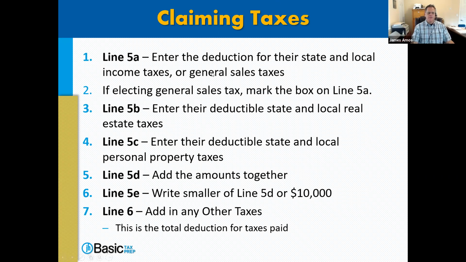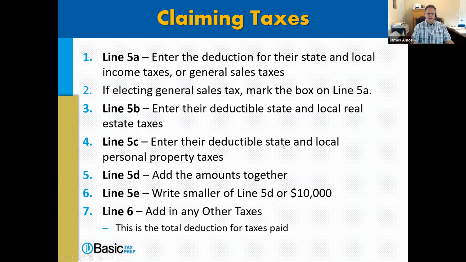So, line 5A. If they have state and local income taxes or general sales tax or both, you put that on line 5A. Line 5B, deductible state and local real estate taxes.